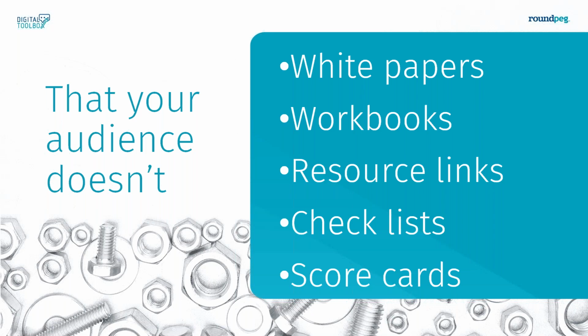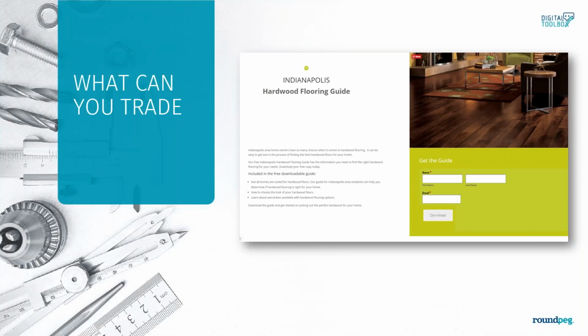And the trick with the scorecards and the calculators is let people start answering the questions, but then when they get down to the bottom, maybe you give them a raw number. Want to see what your number means? You've got to give us your email address, because at the end of the day, that's the currency that you're looking for, their contact information. What can you trade?